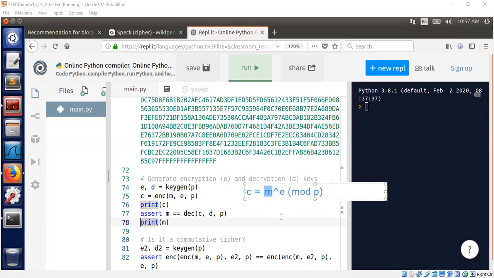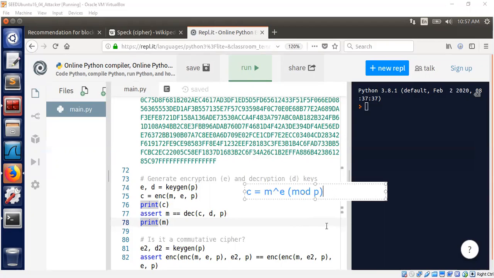Here, M is private, E is private, and it's difficult to find in general the value of E given C and P. Even if somebody figured out what M is, it's still difficult to find E. So that's basically the hardness assumption that I was referring to in my problem statement.